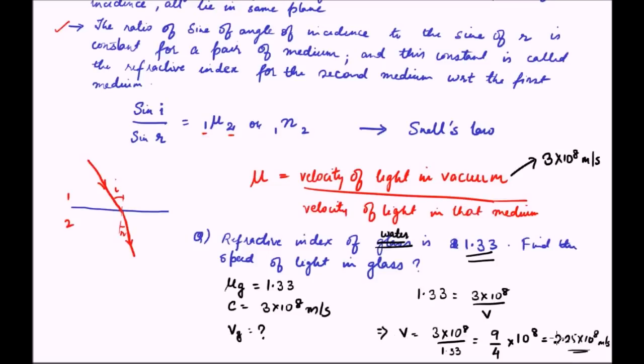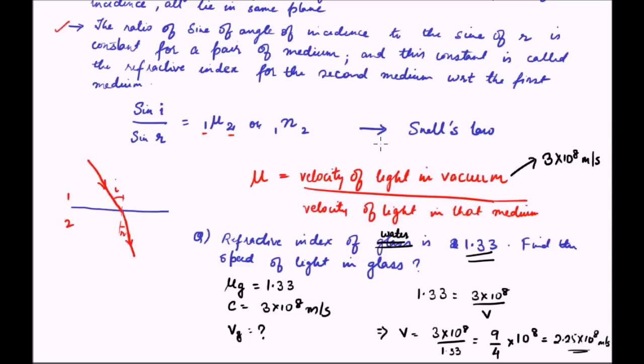But for completion's sake, let's take it as the refractive index for water is 1.33. Then the velocity of light in water will turn out to be 2.25 into 10 to the power 8 meter per second. So we see how the velocity of light is related to refractive index, right?